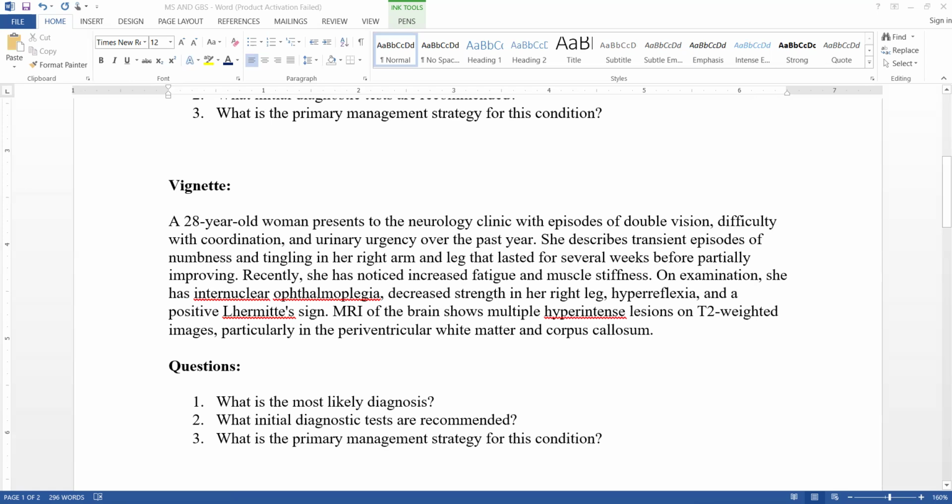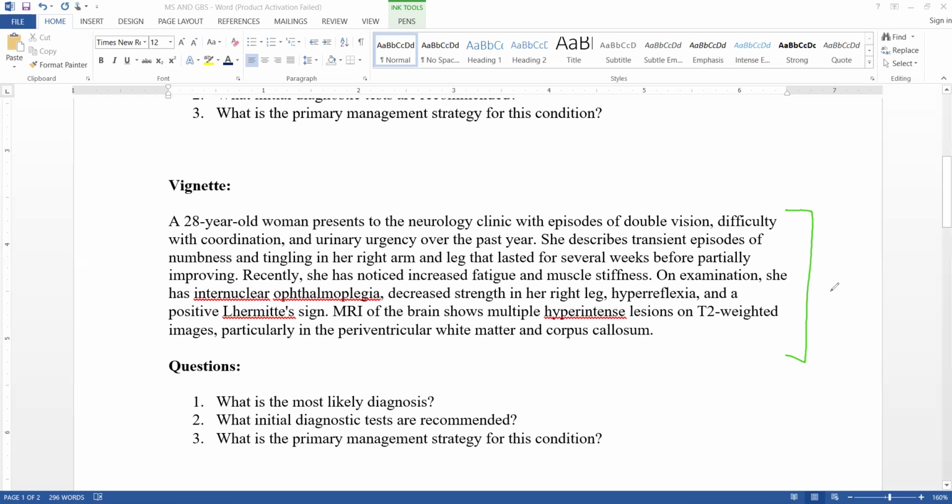Recently, she has noticed increased fatigue and muscle stiffness. On examination, she has internuclear ophthalmoplegia, decreased strength in her right leg, hyperreflexia, and a positive Lhermitte sign. MRI of the brain shows multiple hyperintense lesions on T2 weighted images, particularly in the periventricular white matter and corpus callosum.